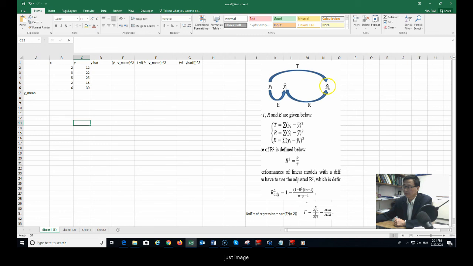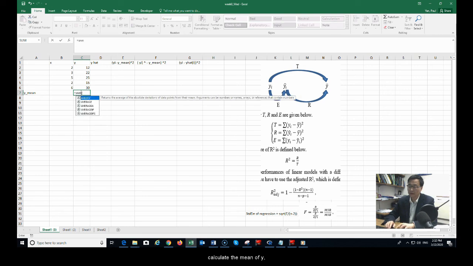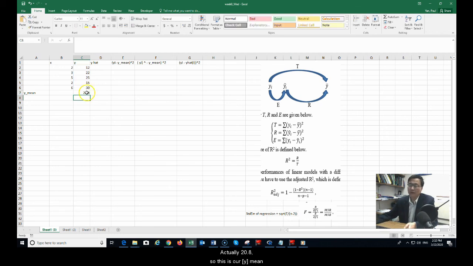Okay, so this is the start. Our benchmark is y bar, the mean of y. So we are going to calculate the mean of y, we use average. Okay. So actually 20.8, so this is our mean.